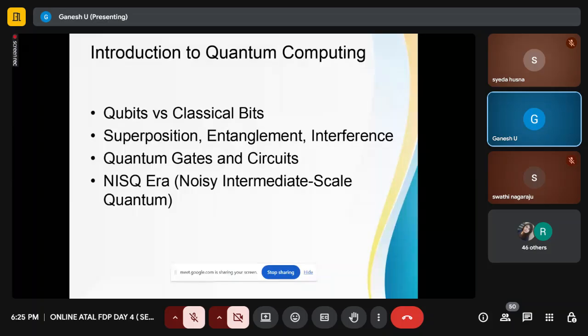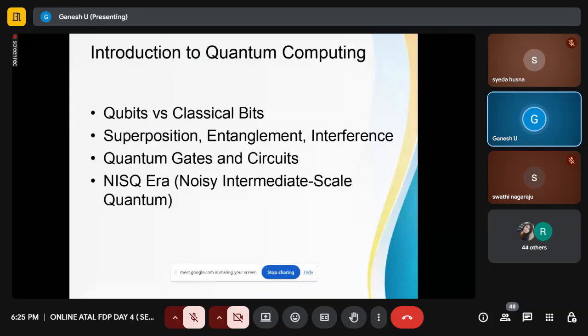Next, the Y gate is like X but introduces a phase rotation around the Y axis. Next, the Z gate flips the phase of 1. Next, the Hadamard gate transforms |0> to (|0> + |1>)/√2, and |1> to (|0> - |1>)/√2.